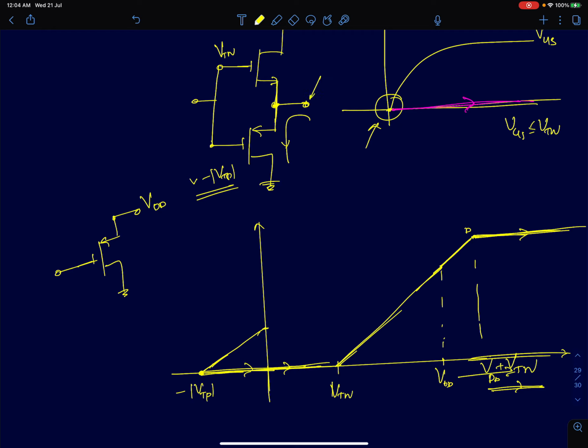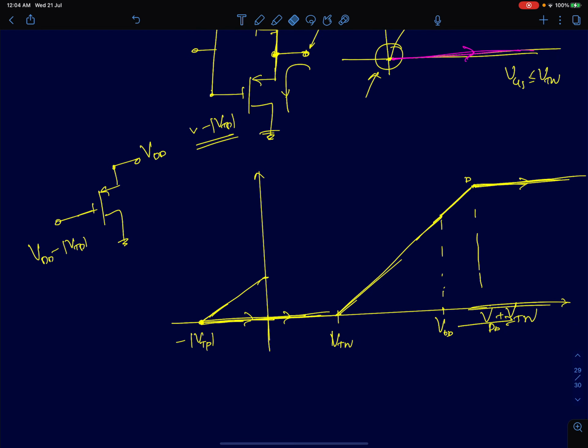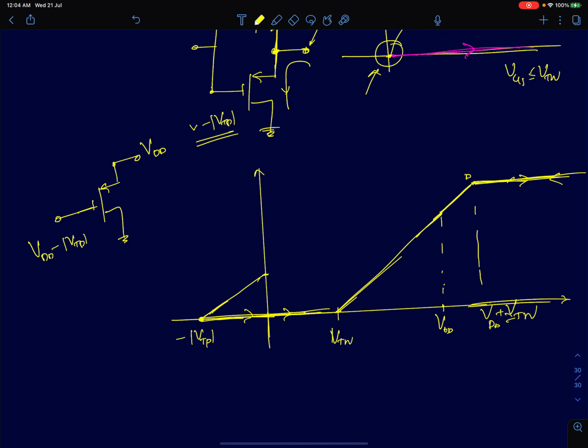Since source is at VDD, the point where your PMOS device will start conducting will be at VDD minus mod VTP. So I am now decreasing my input. Output stays at VDD because there is no discharging path. I've crossed VDD plus VTN, output is still staying at VDD. Even if I'm at VDD, there is no sufficient VT for this PMOS to discharge, so it's going to remain constant.